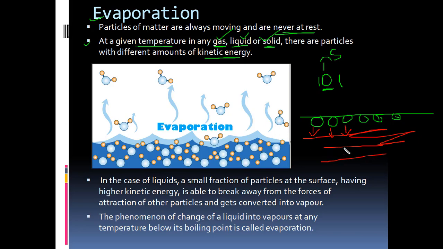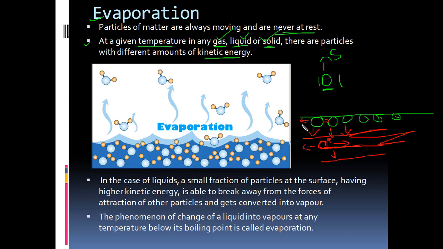If you consider this water molecule, it is getting pulled in the downward direction, and also by the water molecules of the same surface on the left and right sides. But in the upward side there is no pulling force acting on it.